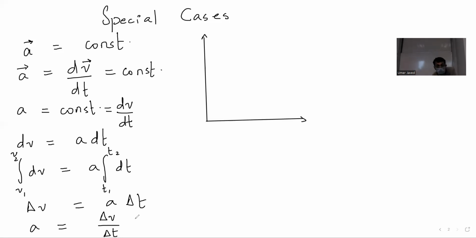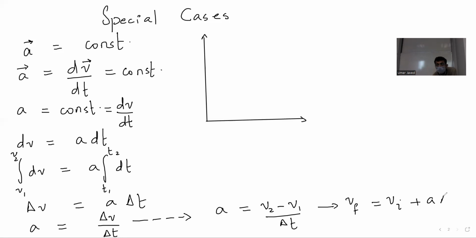In physics 1, right? So I will actually write it in the physics 1 form. In physics 1, your instructors used to write it like this: V2 minus V1 over delta T. And they used to write Vf equal to Vi plus AT. Does it ring bells? It does, right?